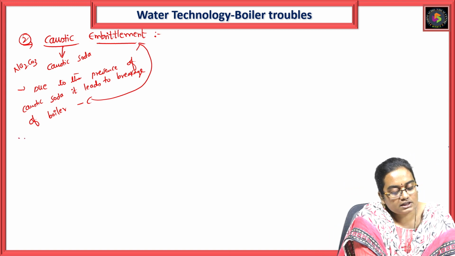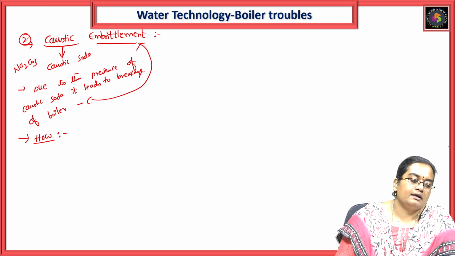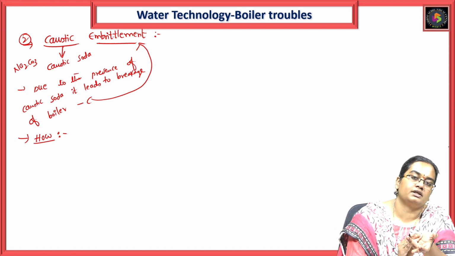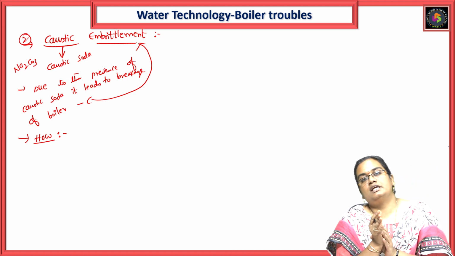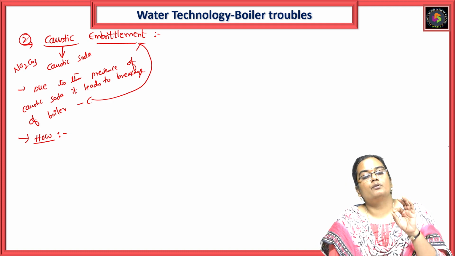Now, how is this caustic soda entering into your water? That is your next one. Generally we know that we can make hard water into soft water. We discussed in the last class using the ion exchange method, zeolite method, and lime soda method. So we have these three different types of treatments to convert hard water into soft water.